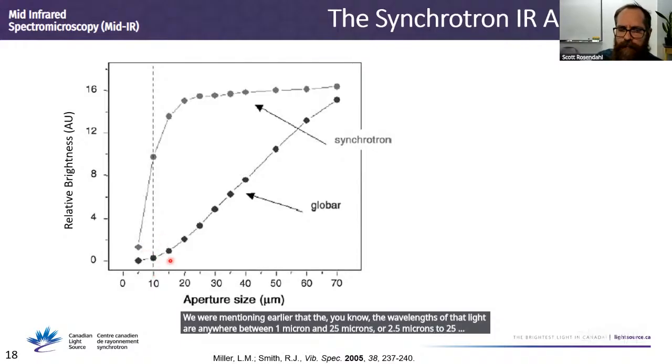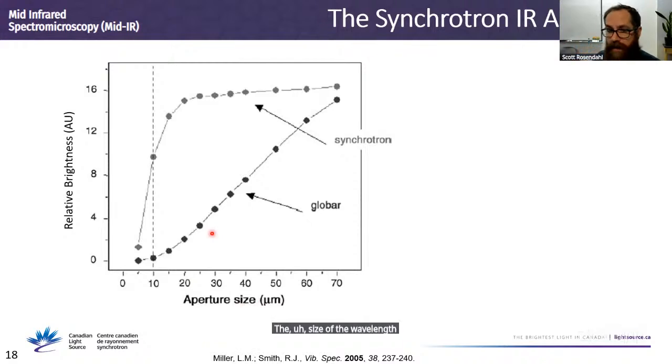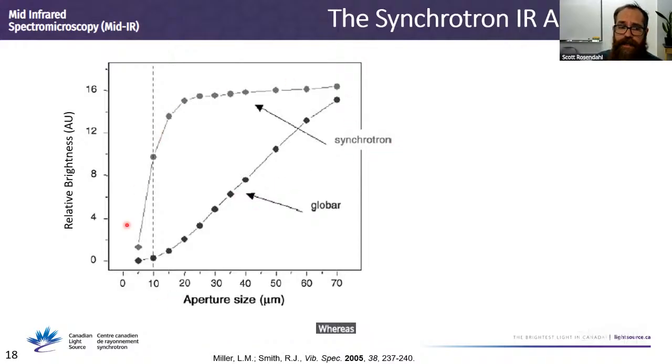So you're starting to get a sense that the aperture size is now approaching the size of the wavelength of light that we're looking at. This is where the glow bar starts to fall off. Your conventional source just falls off in terms of being able to take measurements at those smaller aperture sizes. Whereas the synchrotron, due to its large brightness, is very good.